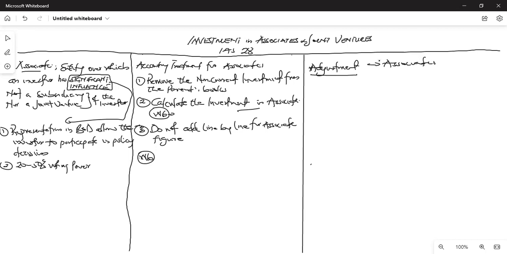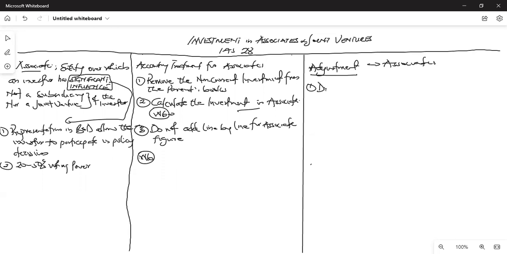Number one is that if there is any dividend that is received from an associate by virtue of your investment in there, what do you do? You will have to remove it. You remove it from the investment income of the parent in the P&L.